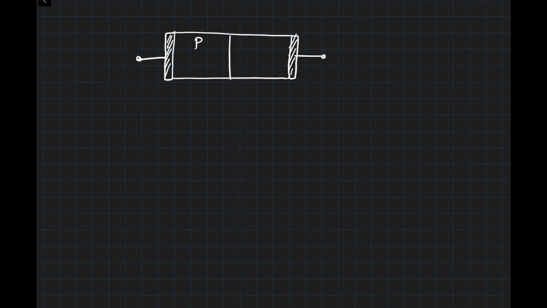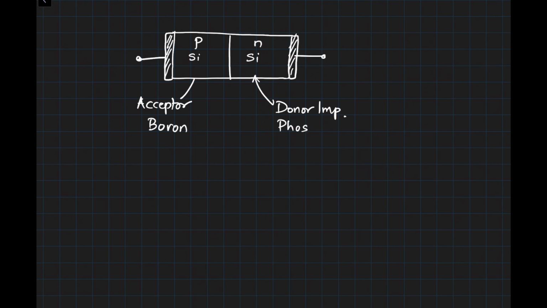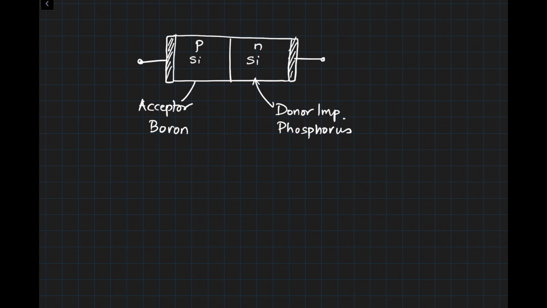This is a p-type semiconductor, and this is an n-type semiconductor, silicon. As I said, this has acceptor impurities and this has donor impurities. So the acceptor is boron and this is phosphorus.